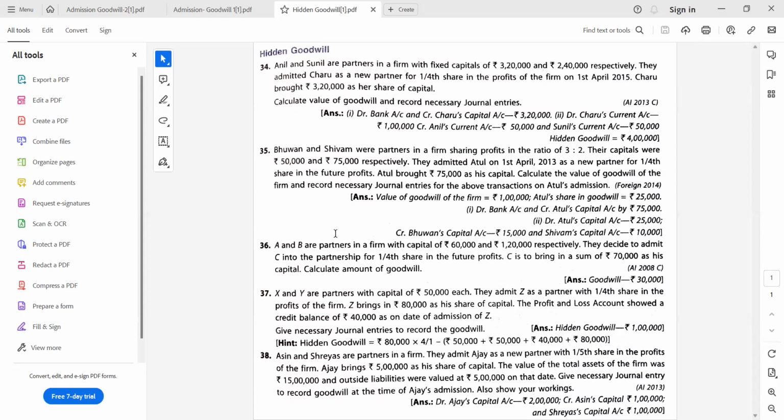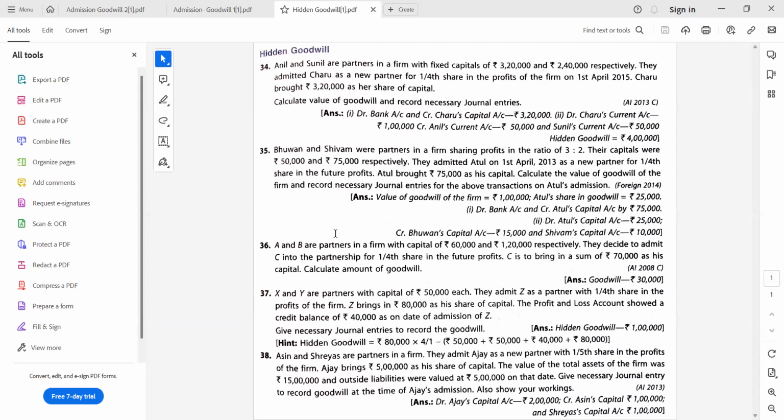X and Y are partners with capital of rupees 50,000 each.